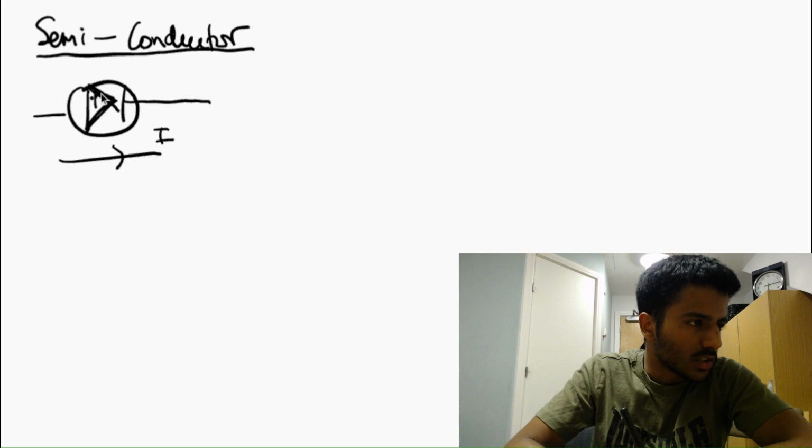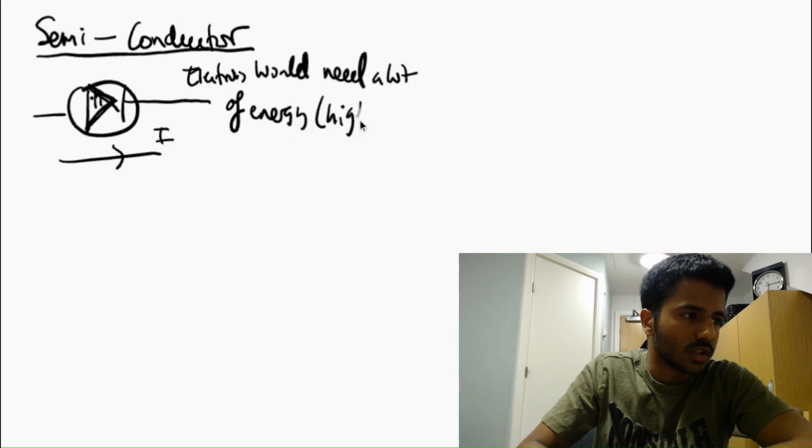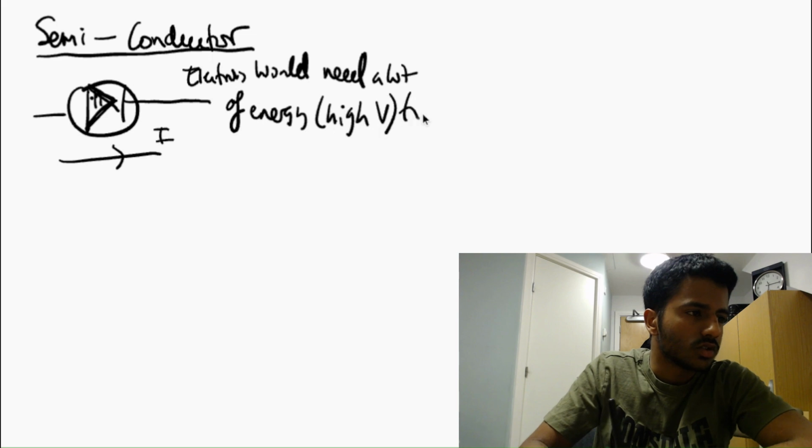And that's because inside this diode there's a tiny vacuum. So that means that electrons would need a lot of energy, so that means a high voltage, to jump the vacuum.